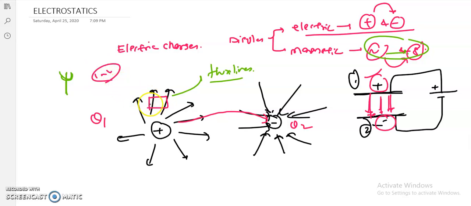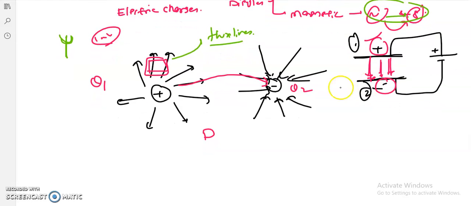How many flux lines are there in this unit area is called the flux density. That flux density is represented with capital D. That means capital D can be called the number of flux lines per unit surface area. Number of flux lines per unit surface area is called the flux density.